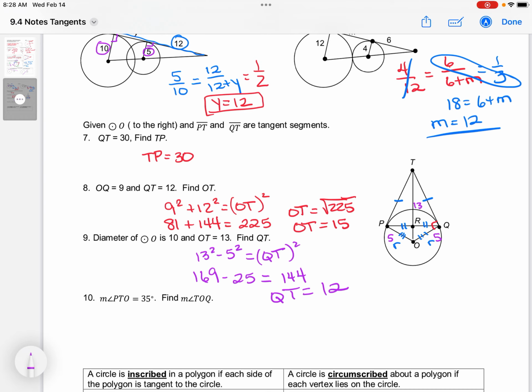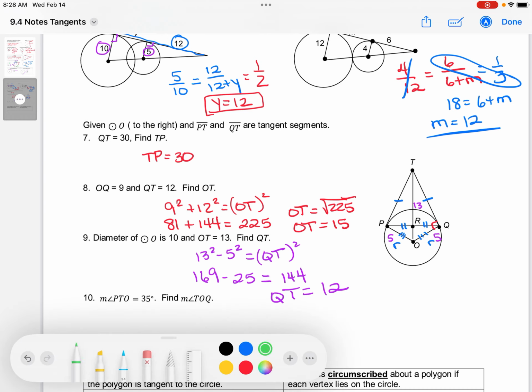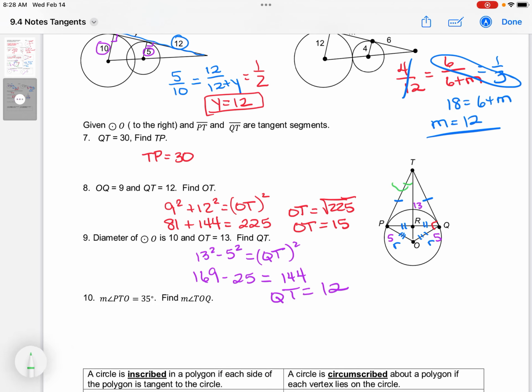Alrighty. And angle PTO is 35. Find TOQ. Okay. So that's 35, that's 35, that's a 90.